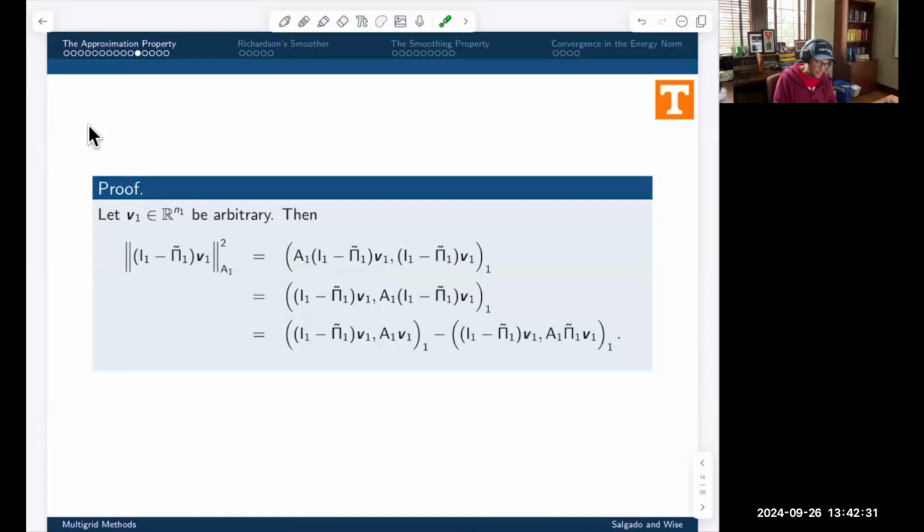Now, it doesn't matter where I put this stiffness matrix. I could put it here or here, because it's symmetric in the Euclidean inner product. So symmetry in the Euclidean inner product means it can hop back and forth in these two locations. Doesn't matter.